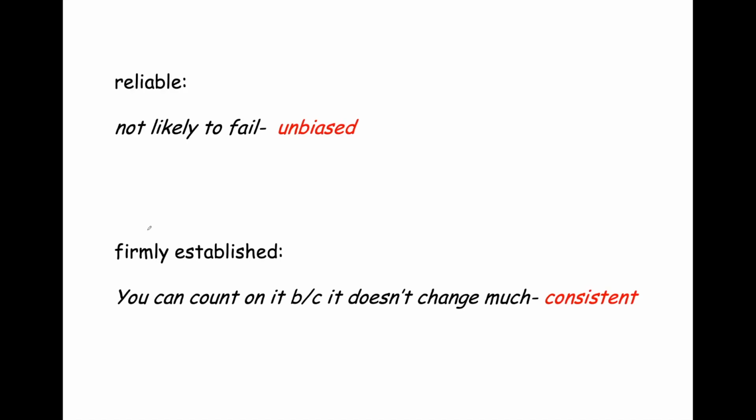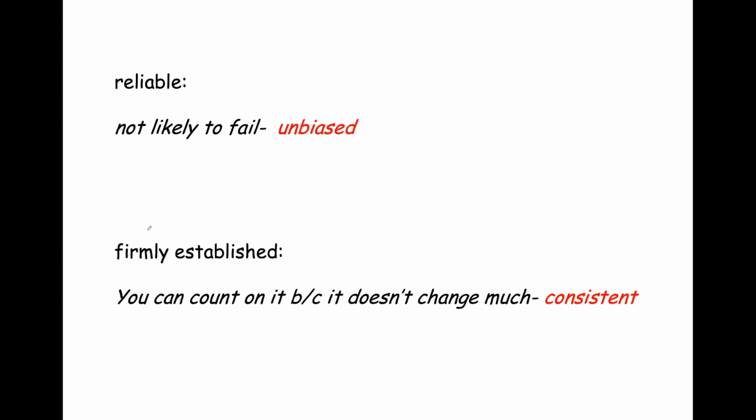And so in statistics, you can think of these tests that we used to determine if an estimator was a good replacement as determining this notion of not likely to fail, or you can count on it because it doesn't change much. And so for reliability, that's essentially what the test to see if an estimator is unbiased does.